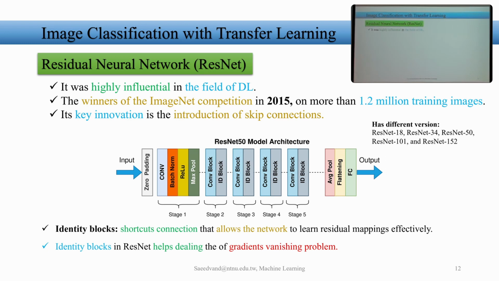ResNet was highly influential in the field of deep learning because it was the winner of the ImageNet competition in 2015, trained with 1.2 million images.